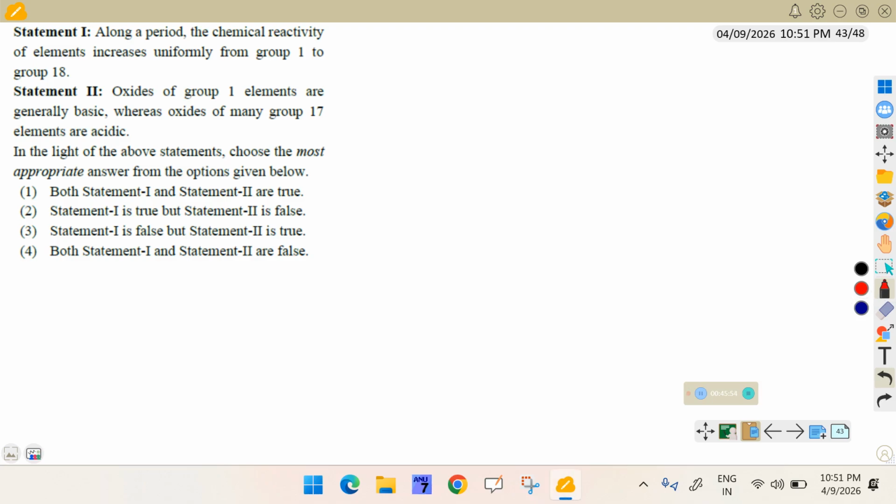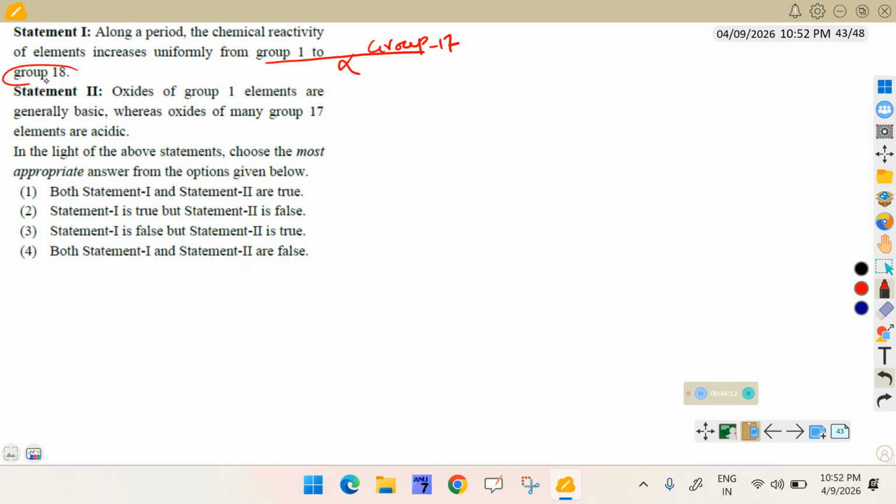Along a period, the chemical reactivity of elements increases uniformly from group 1 to group 18. No, false. It increases from group 1 to group 17. That is the correct statement.